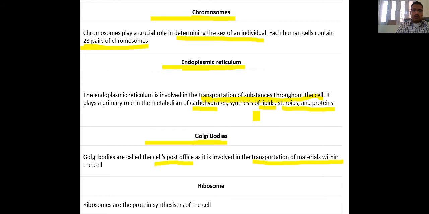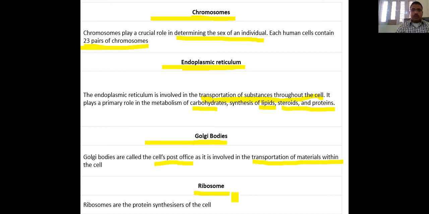Now, when we talk about another cell organelle, the ribosomes, these are the protein synthesis sites of the cell. The function of ribosomes is to synthesize protein for the cell.